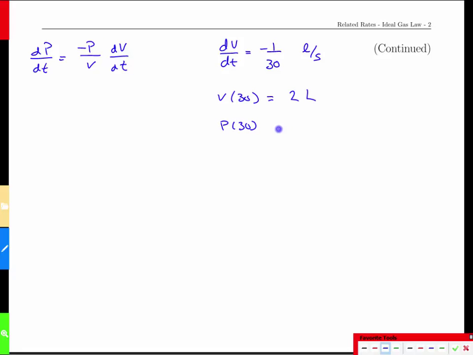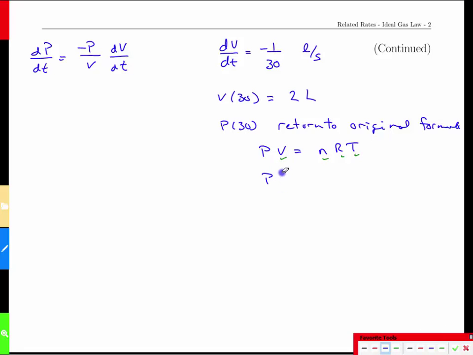And for this, we need to return to the original formula and take a look at that. PV equals nRT at time 30, that 30 seconds. We're looking for this. We know this, and we can figure out all these other values, or they're given to us. So let's actually summarize.